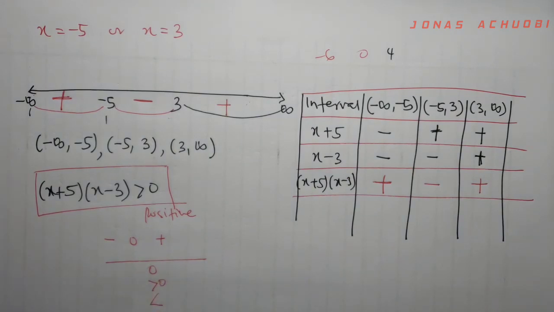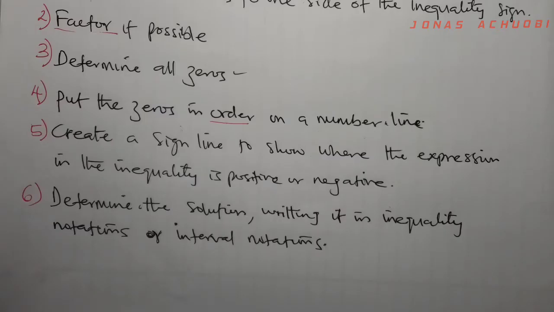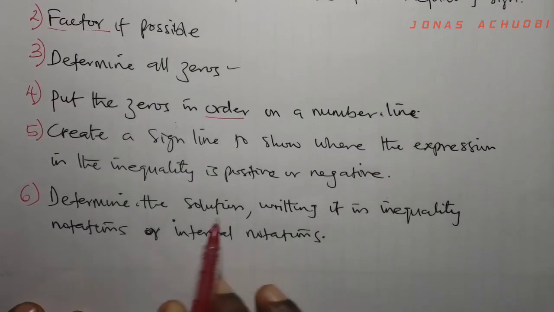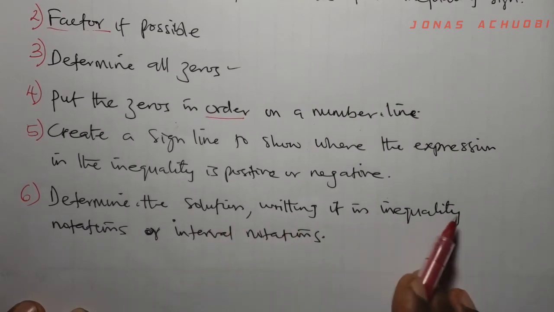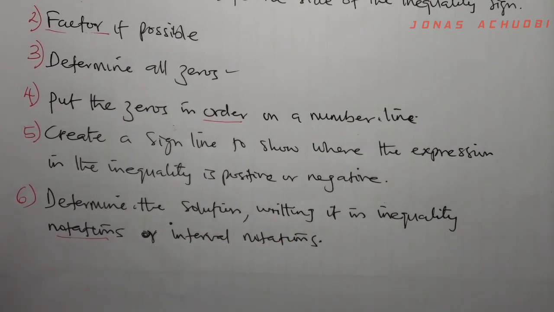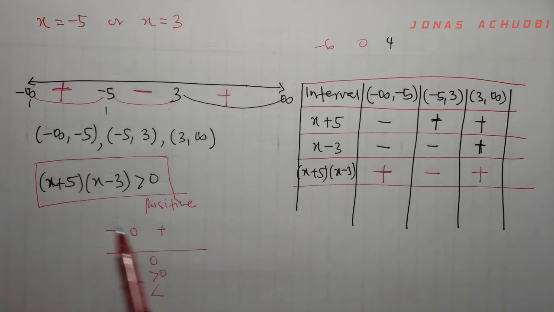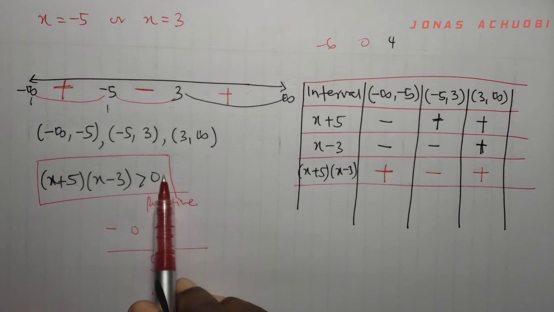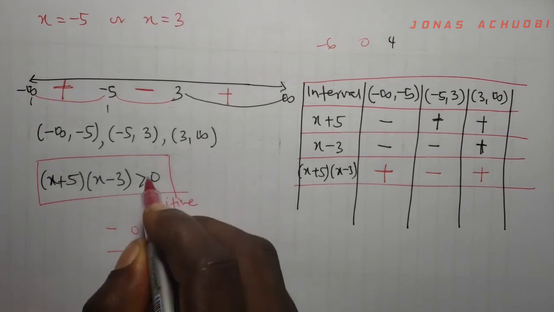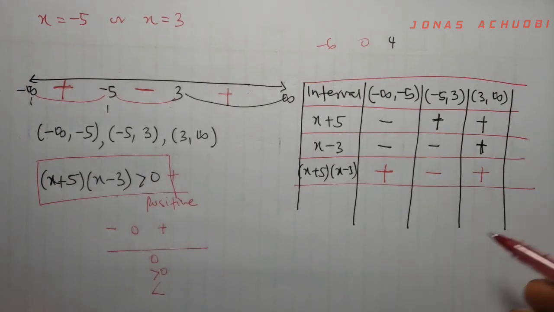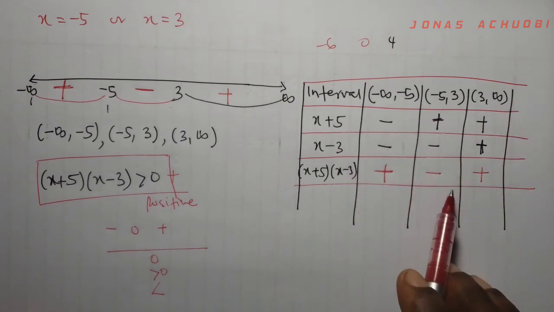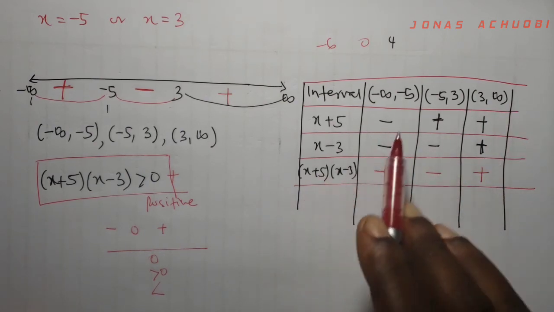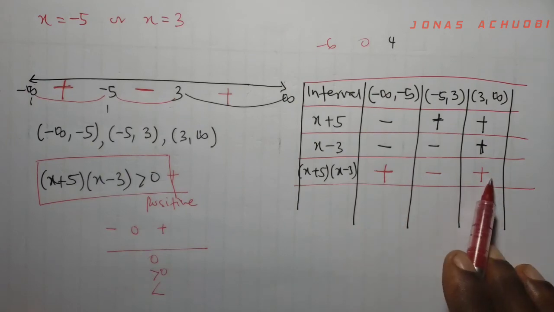Now that we have gotten the signs, the behavior of our factors, on the 3 intervals, we now look at what step 6 says. Step 6 says we should determine the solution, writing it in inequality notation or interval notation. So we have that x plus 5 times x minus 3 is greater than what? 0. This simply means that, like I said earlier, this is positive. So now check, on which of these intervals is this product positive? We see that it is positive here and here.